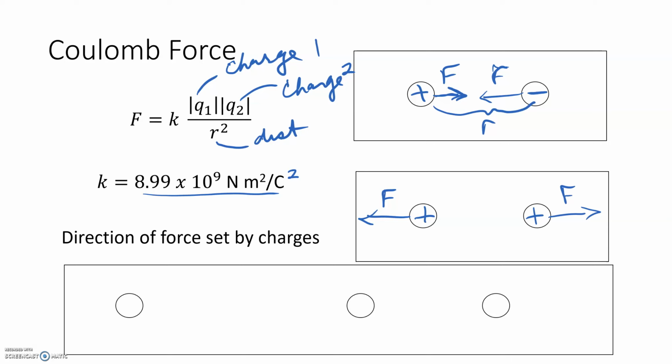And if we have 3 different charges in a row, say I've got a plus 1 and a minus 1 and a plus 2, each charge will feel affected by its 2 neighbors, even though there's something in between. So the plus 1 and the minus 1 are attracted to one another.